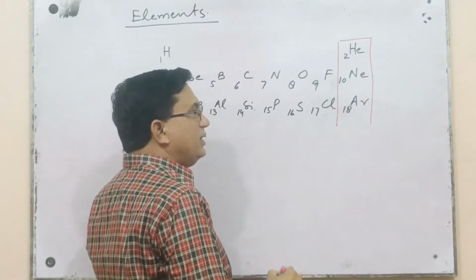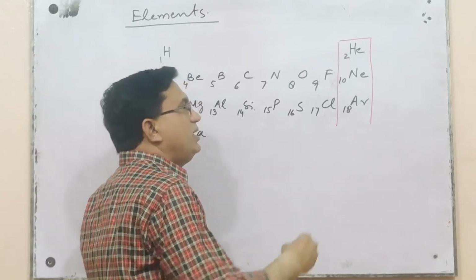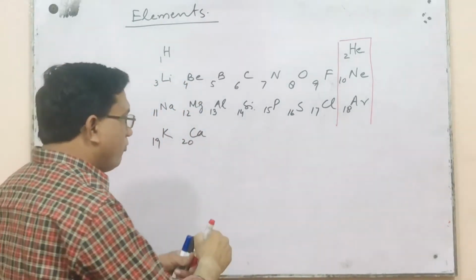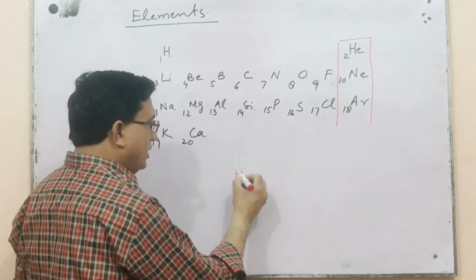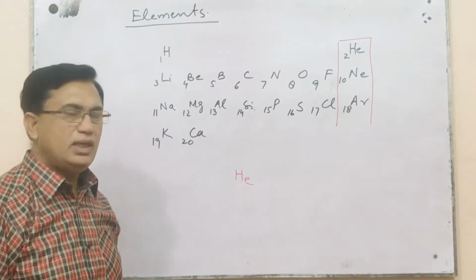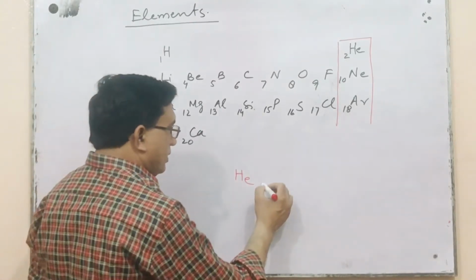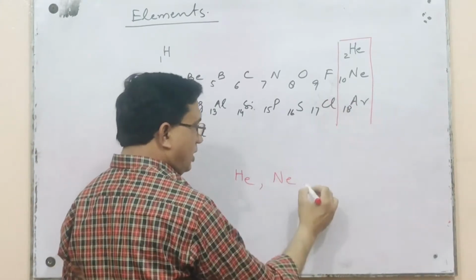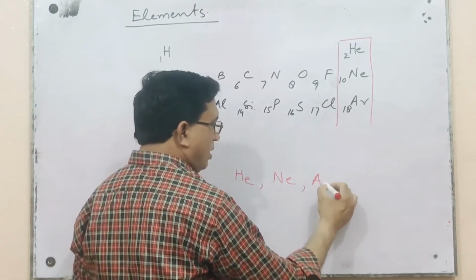Whenever written in the literature, they will be written in the monoatomic form. Monoatomic form means if we have to write helium, we will write just He. Then if we have to write neon, Ne. If we have to write argon, Ar.